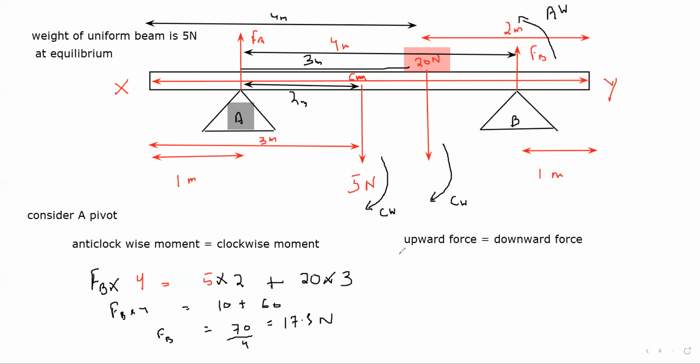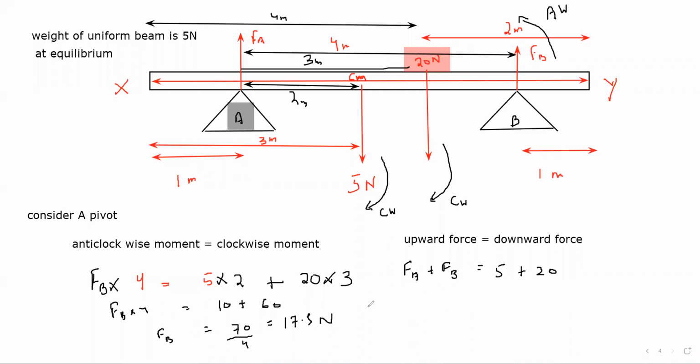So what is the upward force? There is an upward force from the pivot A, that's FA. And there is an upward force from B, that's FB, which equals the downward force. So what are the downward forces? 5 Newton is acting down and 20 Newton is also acting down.